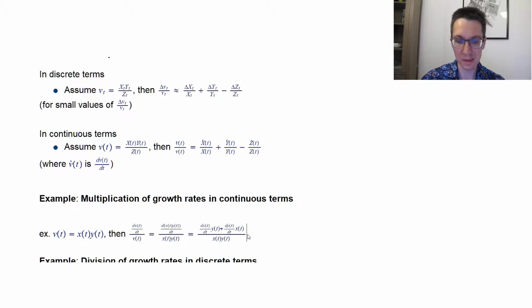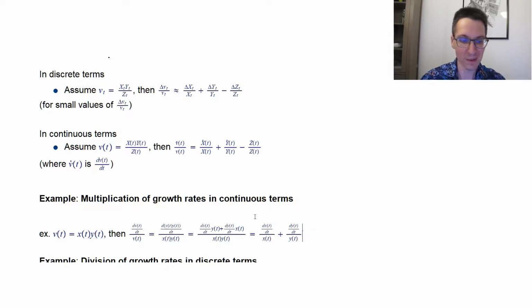And it's very easy to see that here the y of t cancels out, and here the x of t and x of t cancel out. So what I get is dx of t/dt divided by x of t plus dy of t/dt divided by y of t.